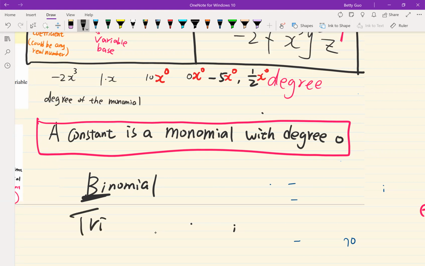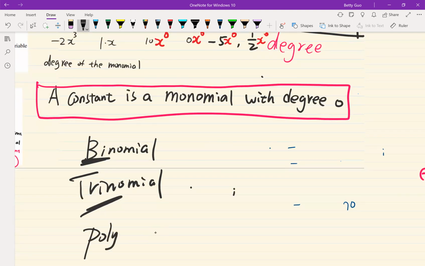What about trinomial? Yeah, a trinomial is the sum of 3 monomials. Is that obvious? And what if the expression has 4 monomials? We do not really have a specific name. They are all called a polynomial, okay? Monomial, binomial, trinomial, any expression containing one or more monomials is called a polynomial.